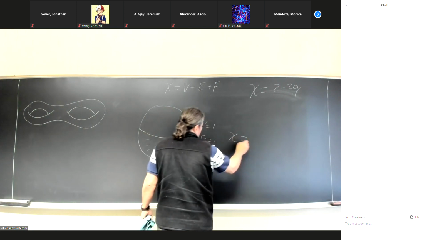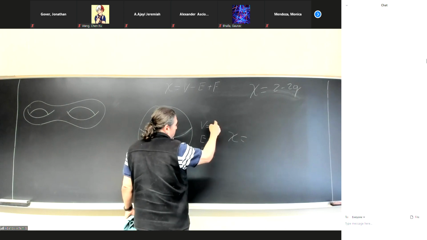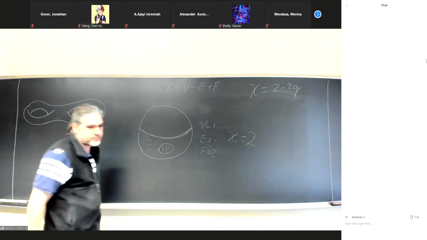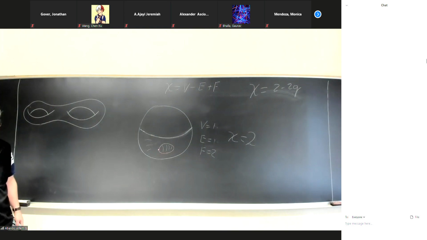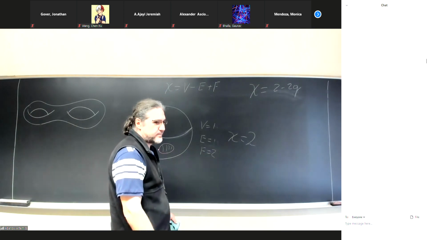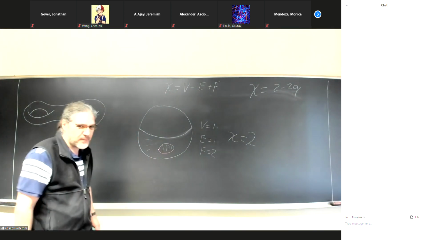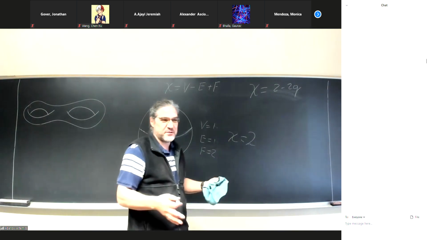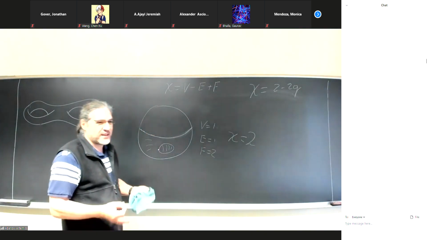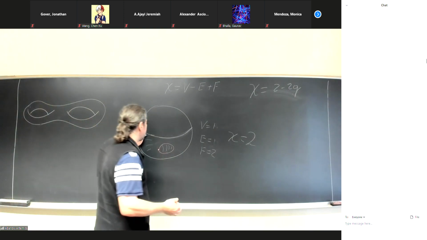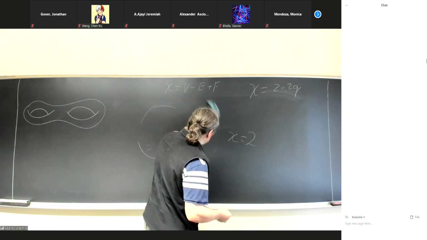V minus E plus F equals 1 minus 1 plus 2 equals 2. Right? That makes sense? So you see, you can actually do better than what I did. Don't consider a cube or tetrahedron or whatever. You can draw very, very simple figures. Let's see how it works for the torus.